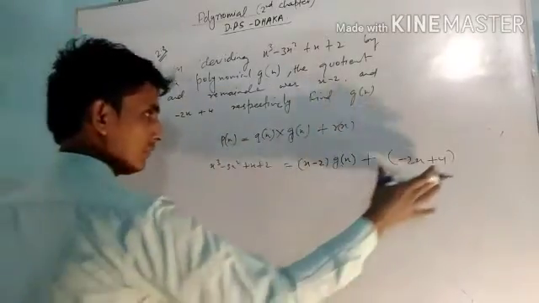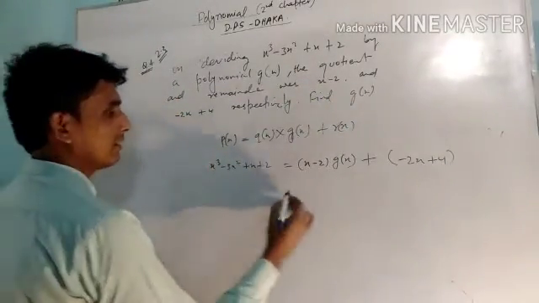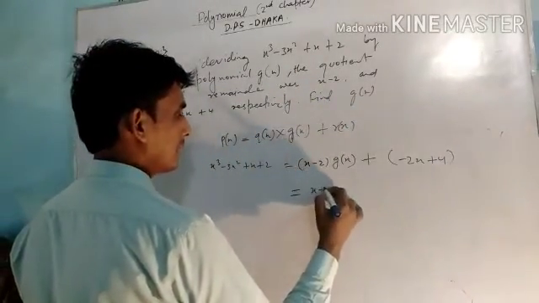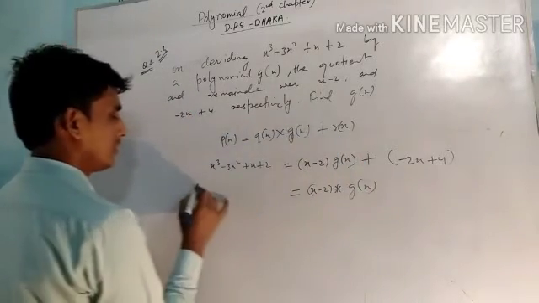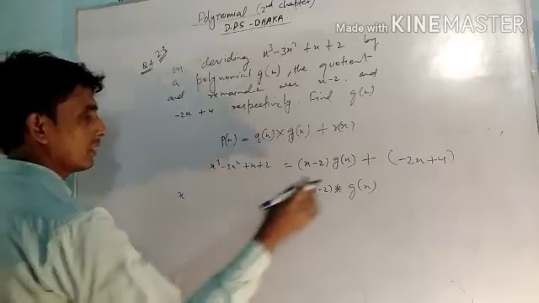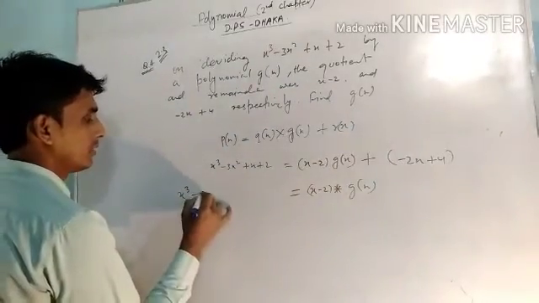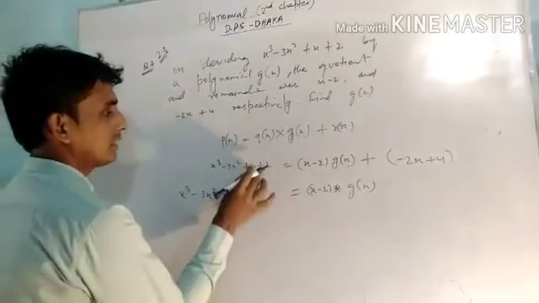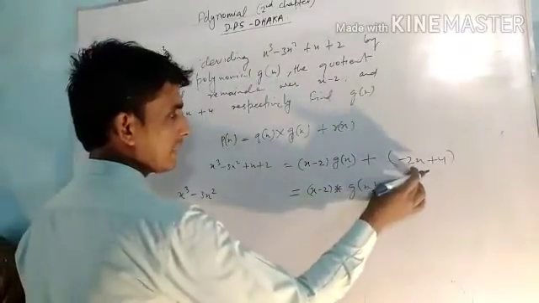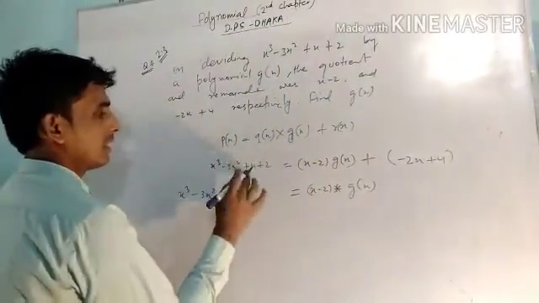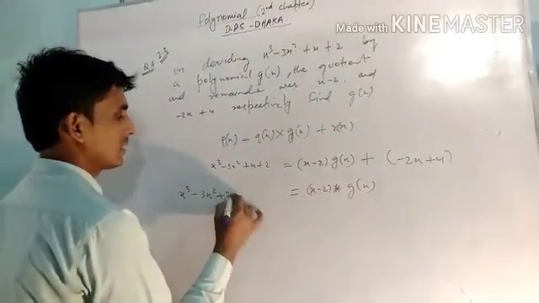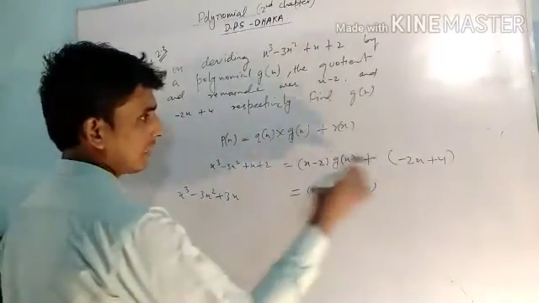So if you bring this to this side, what will happen? x minus 2 into gx is equal to, now x cube minus 3x square, this is plus x, and this minus 2x will come to this side and become positive. So therefore it is x plus 2x, that is 3x, and this is 2 and this is 4.